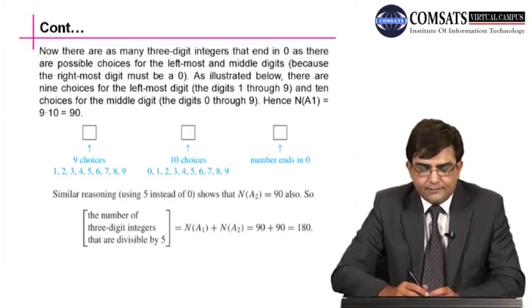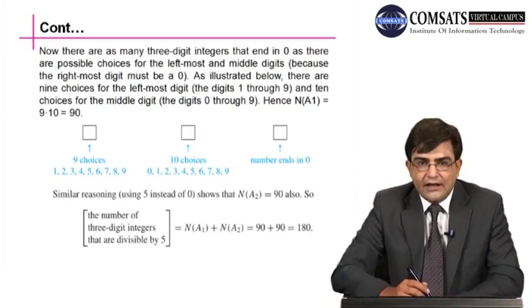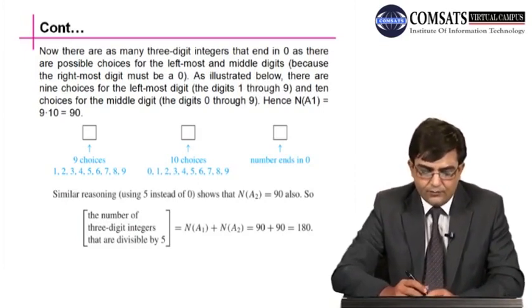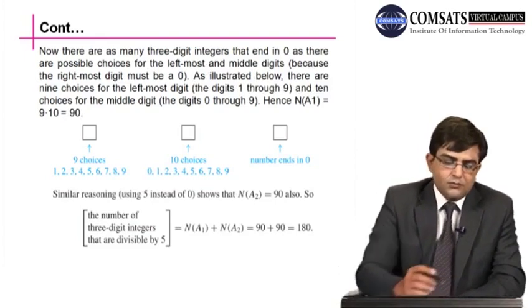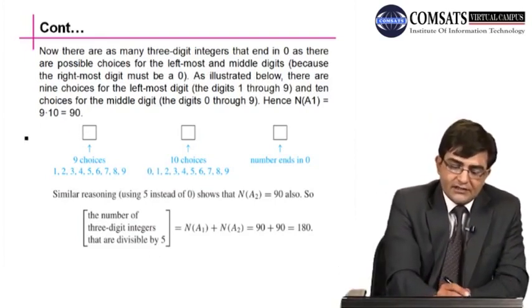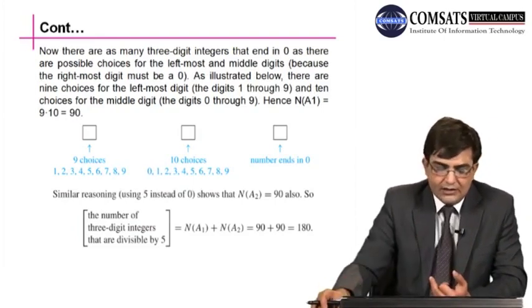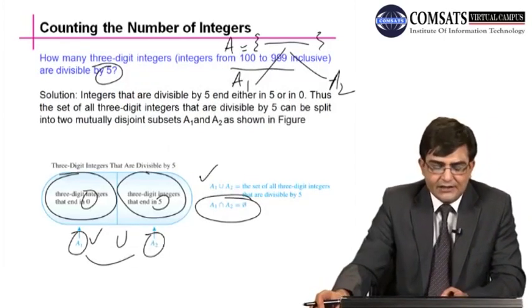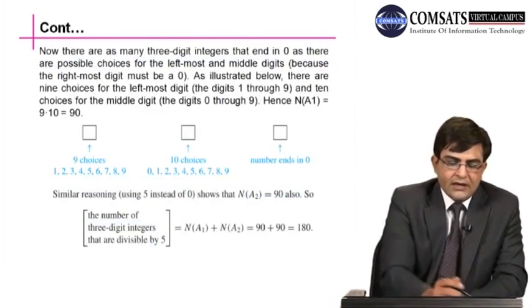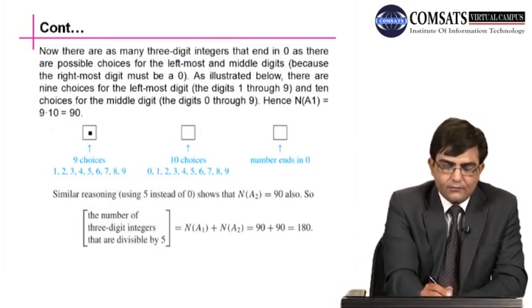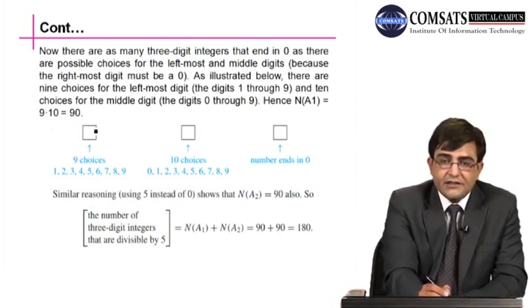First we choose the set A1, in which we have to count the integers which end with 0. Here we have 3-digit integers. The first digit cannot be 0 at the first place of a 3-digit integer.